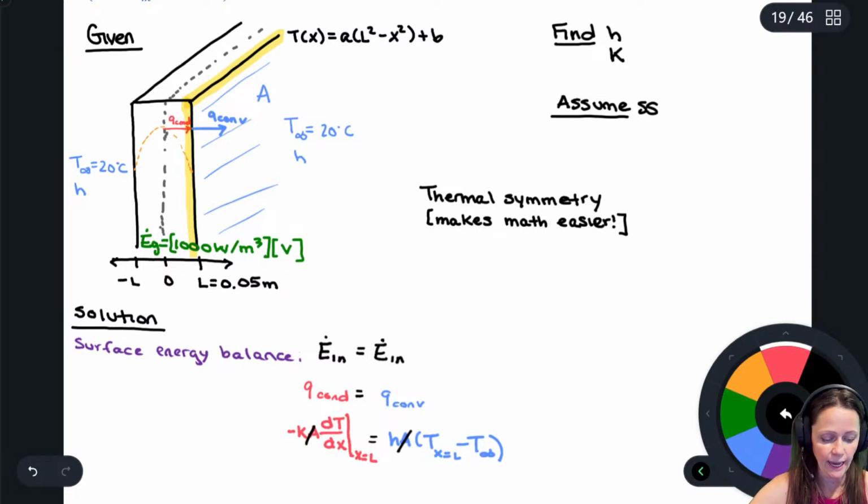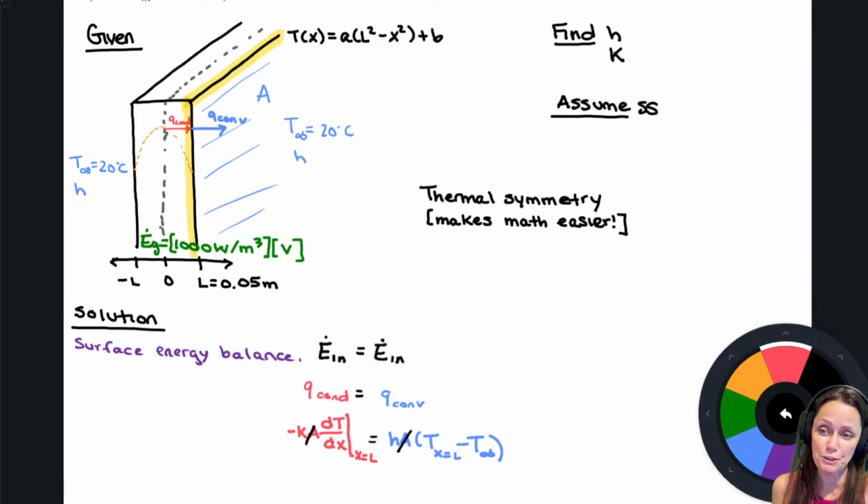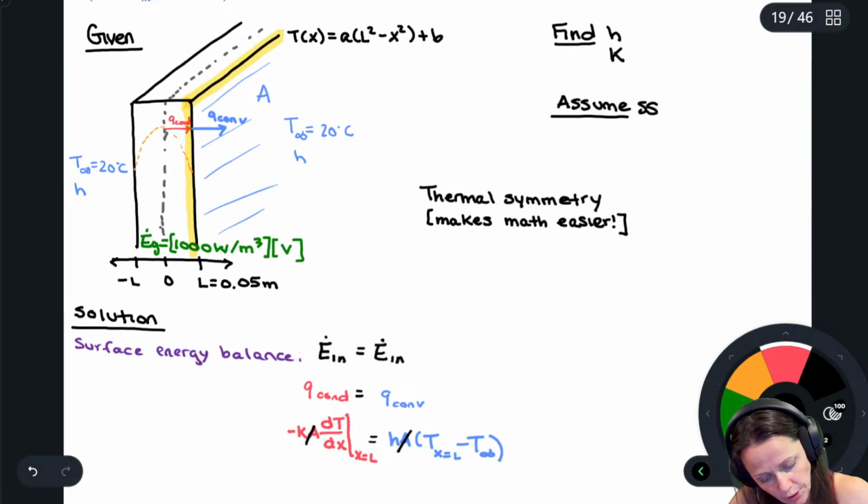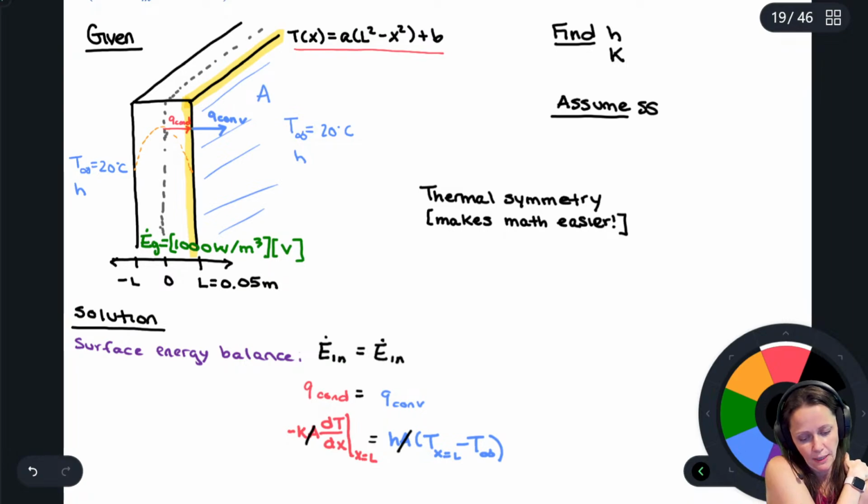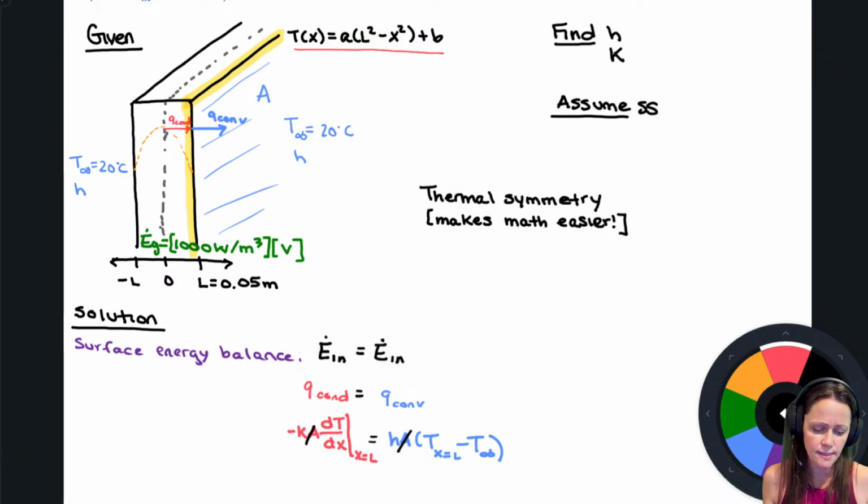For dT/dx, I actually have the temperature distribution, so perfect. I just need to differentiate this guy right here. A is a constant, L is a constant, B is a constant, so it's just going to be the derivative of negative A x squared.